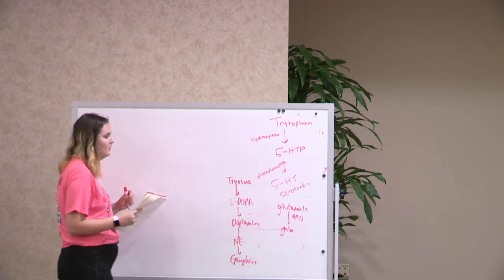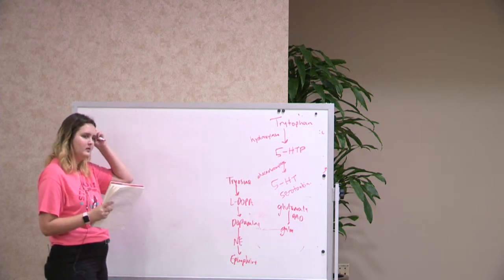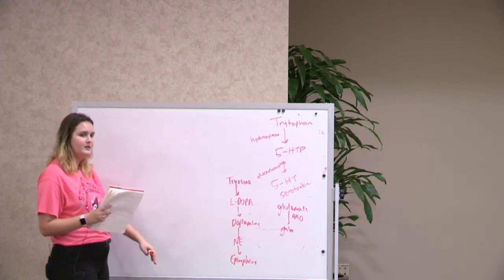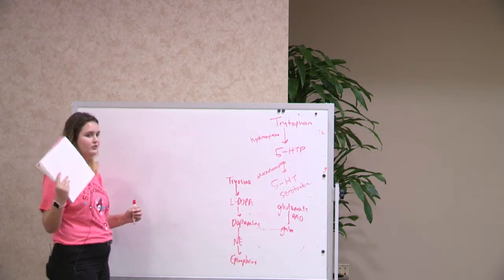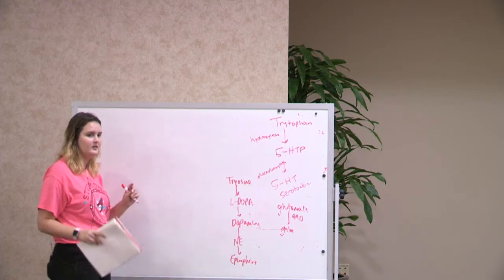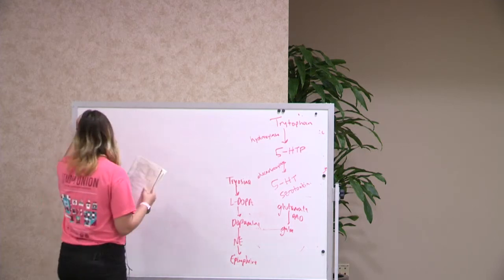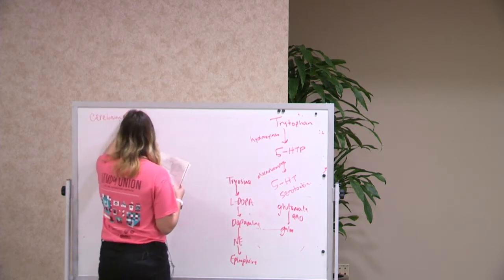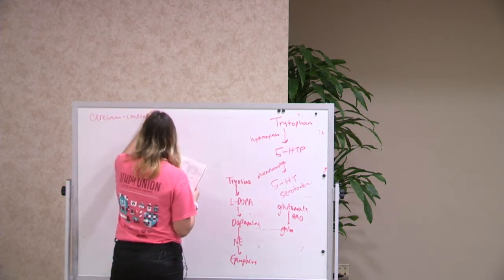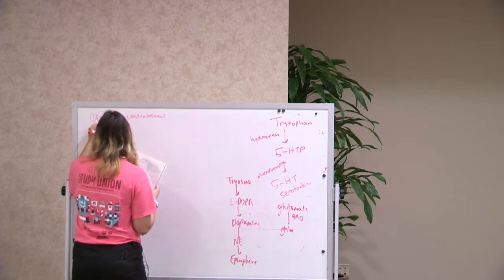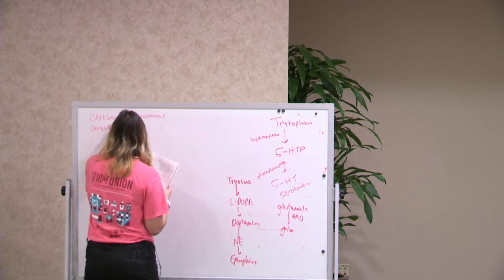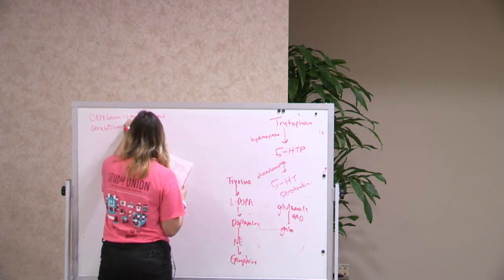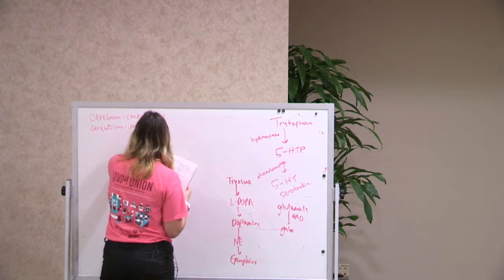The right side of your cerebrum controls the left side of your body, but the right side of your cerebellum controls the right side of your body. So, how can I say that? Cerebrum is contralateral, and your cerebellum is ipsilateral. Ipsilateral. Okay.